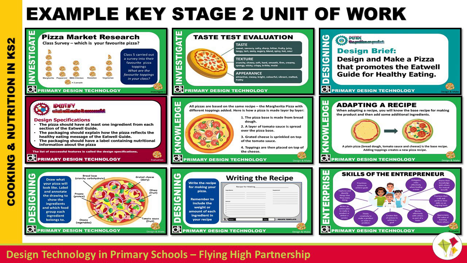They draw their design for their pizza and use labels and annotations to explain how it is a balanced meal. They then follow this by writing the recipe for the pizza. This project is also an opportunity to look at food labelling and food packaging and to explore the nutritional content of food. The project completes with the children setting up a business as a food entrepreneur.